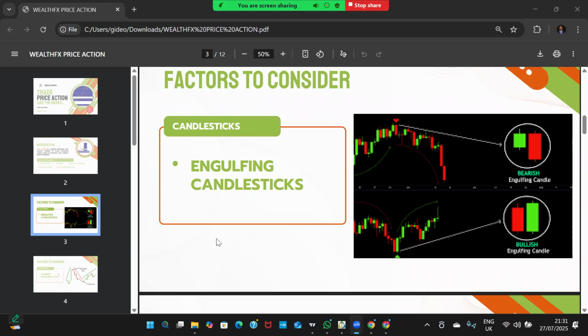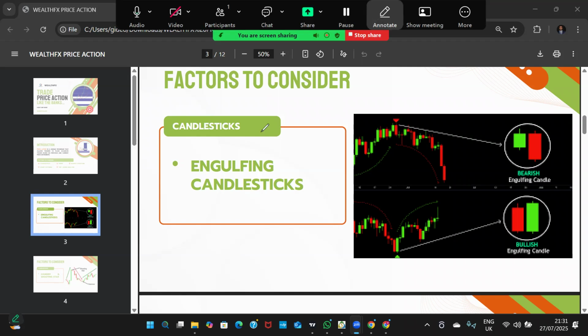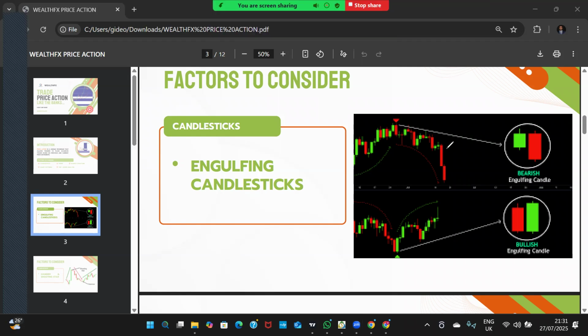So let's say I am on a daily time frame. If I have this candle on my daily time frame, what that tells me is it will take 1 day for this long red candle to form.